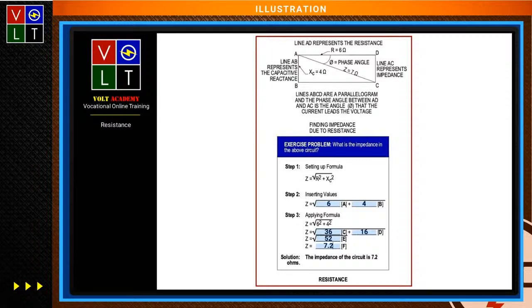Here I'm doing the capacitive for the resistance. Then you take the resistance there, and we're showing the resistance is at 6 ohms, and the reactance at 4 ohms. I'm going to square both of those, and that'll give you 36 plus 16. Then I'm going to square root that 52, and that's going to give you an impedance for this circuit of 7.2 ohms. Gotcha. Okay.